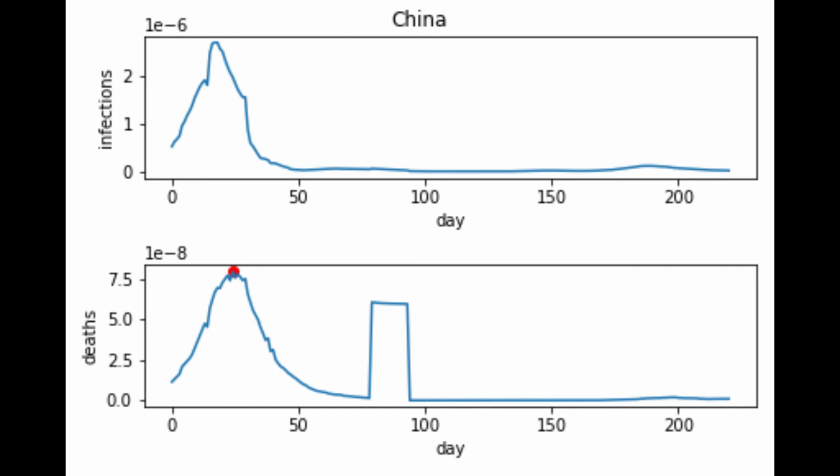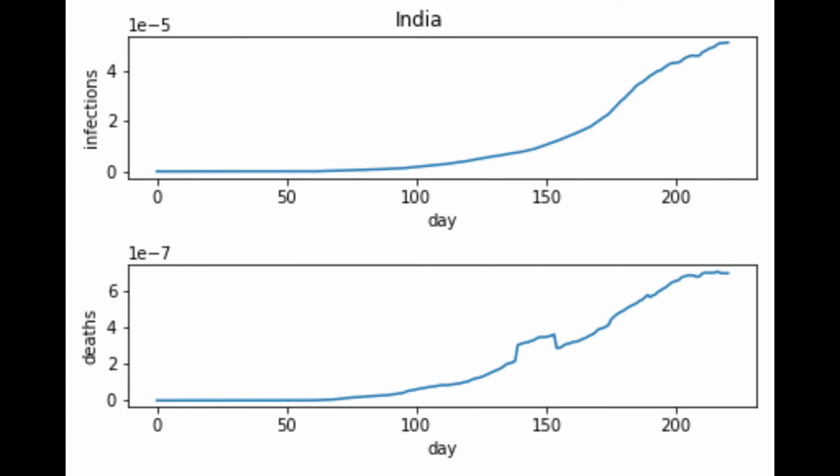So because of the 20-day distance rule, it is not detected, but that is the only data set that doesn't have a local maximum because of that rule. We also see an artifact on the death curve close to 100 days into the infection, where we have a sudden spike again. Okay, so that was China.